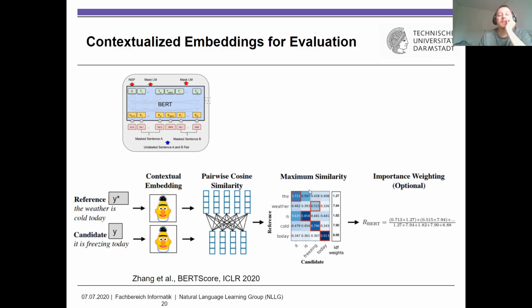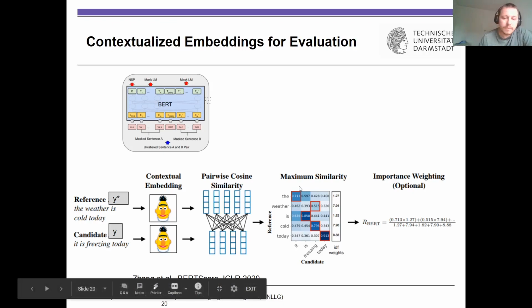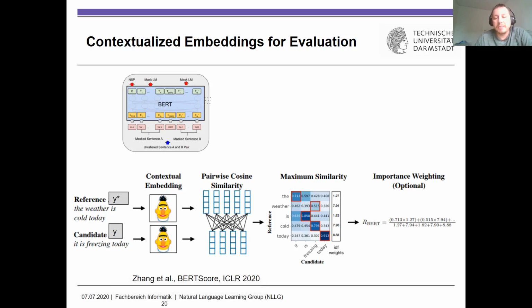Then it sums those scores, weighted by some other factors like TF-IDF weights. If the sum is high, if the best alignment is a good alignment, then the two sequences are very similar. And if the best alignment has a low score, then those two sequences are very different. This is the postulate of this BERTScore model.